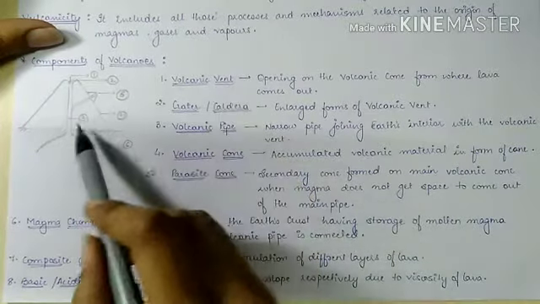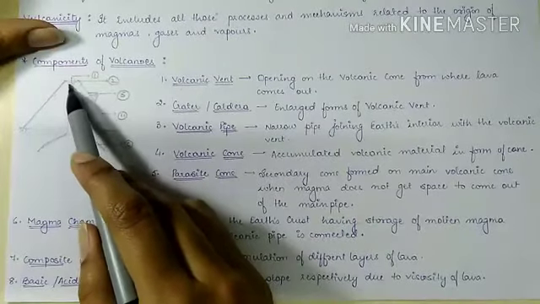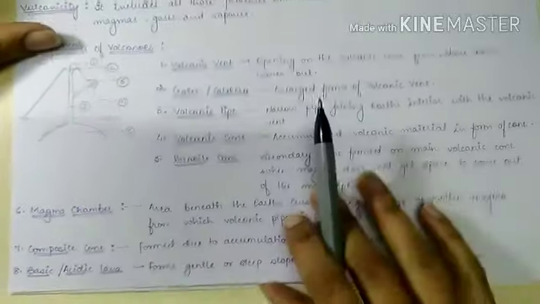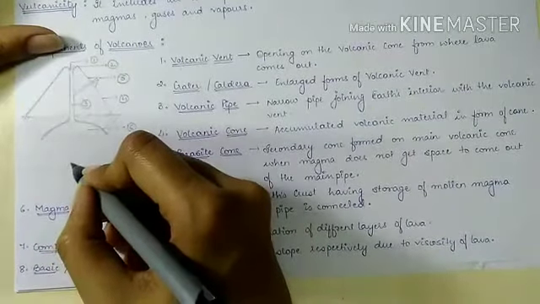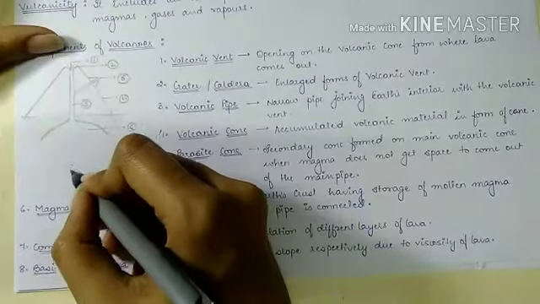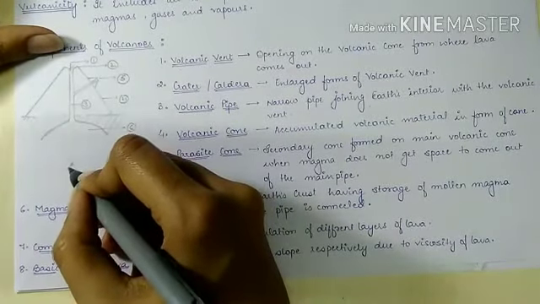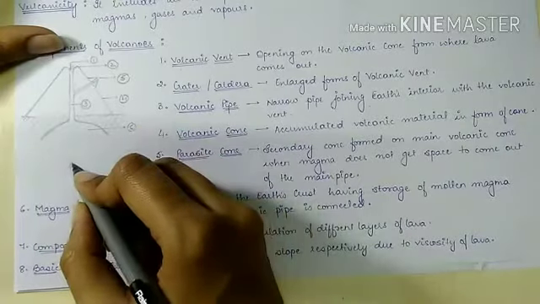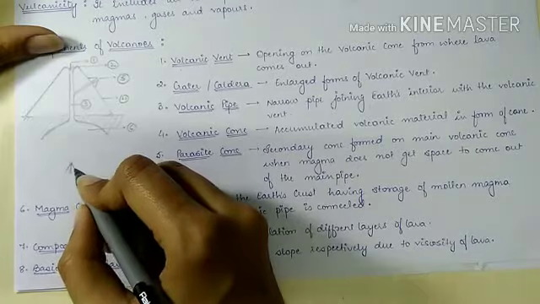Now when this volcanic vent enlarges, so why does it enlarge? See, what happens is, this is the volcano, this is its vent. First the volcano erupted, then the lava cooled down. Some part of the lava stayed on the opening and it also cooled down.